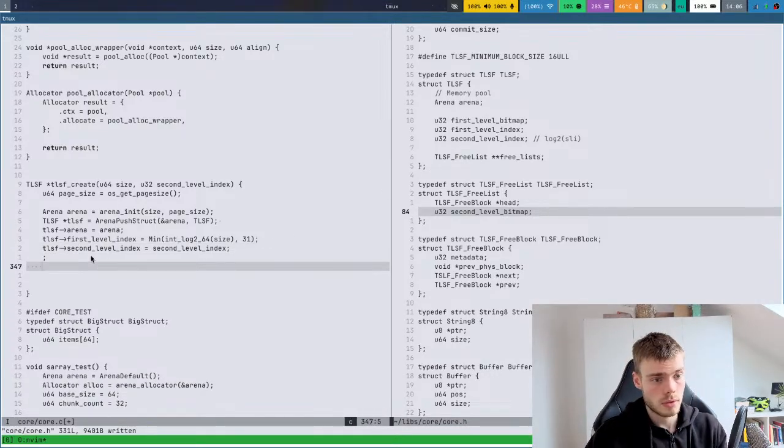So we have to do something like arena push array. We have to push, push TLSF arena.